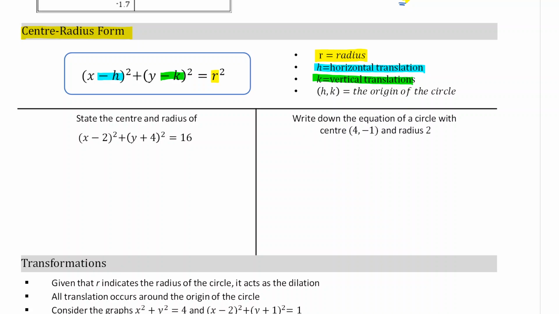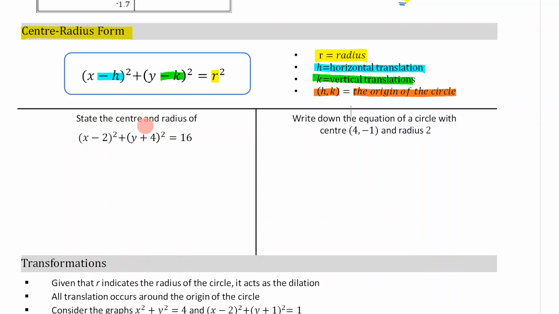And then finally, the coordinates h, k tell us the center of the circle. Now, the thing that we really need to be careful of when we're figuring out the center, or the horizontal and vertical translations, is that the sign in front of our h and k values is going to be very important.